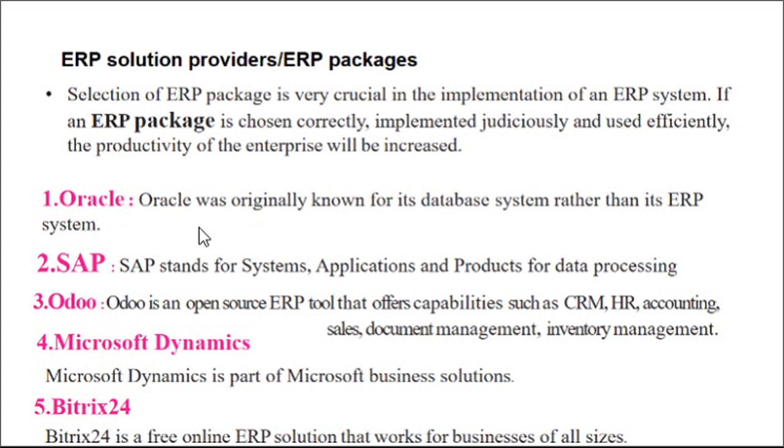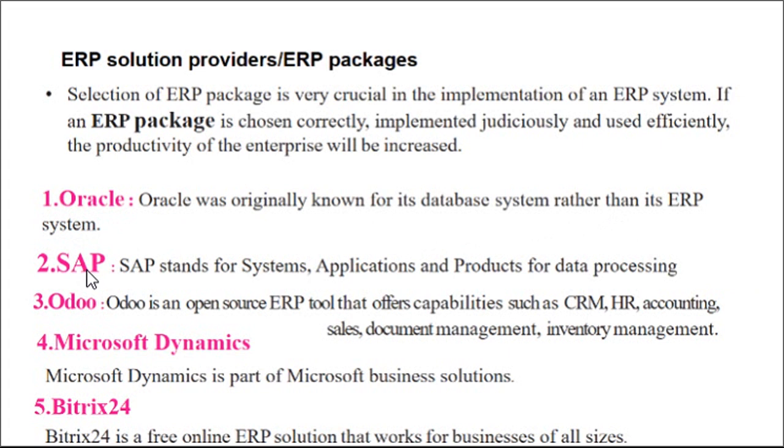Oracle was originally known for its database system rather than its ERP system. Oracle is basically used to store and maintain the database. What is the basic function of Oracle? Oracle is a kind of database language that was originally known for its database systems rather than its ERP system.